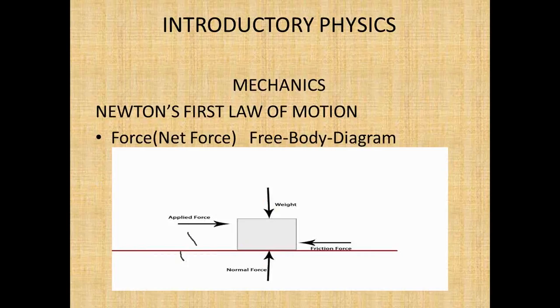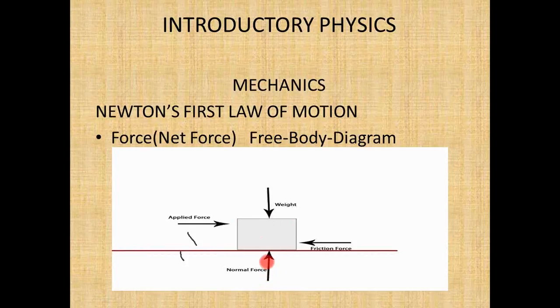So when we look at this free body diagram right here, we have an object on a surface. The force of gravity, which we call the weight, is the mass of the object times the acceleration due to gravity, and it is pulling downward on this object.